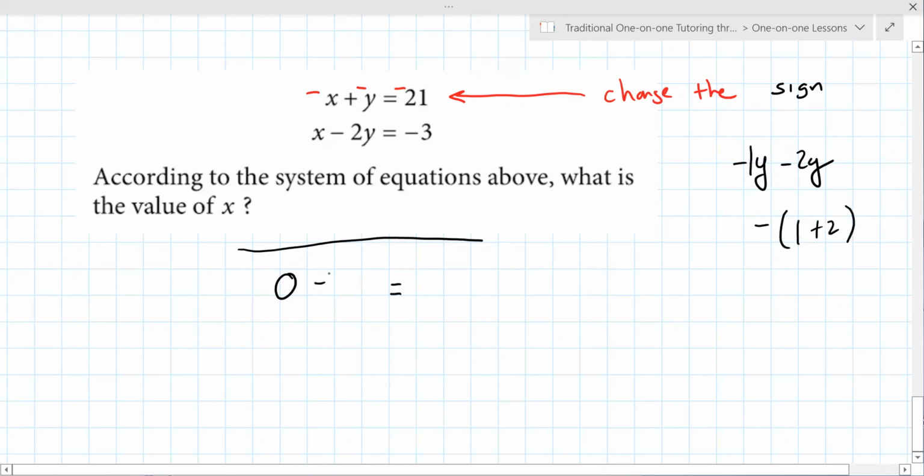Negative 3y. Then on the right of the equal sign, it's minus 21 minus 3. They're both negative, so the answer is negative, and then you add them together. Negative 24. Yes.